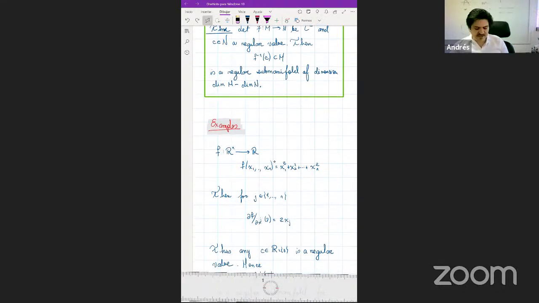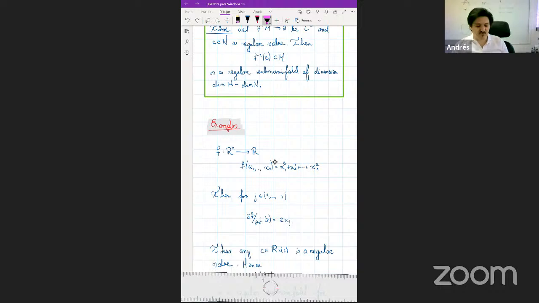So for any value c distinct from 0, we have a regular value, right? Because the preimage is going to consist of points whose partial derivatives cannot all vanish.